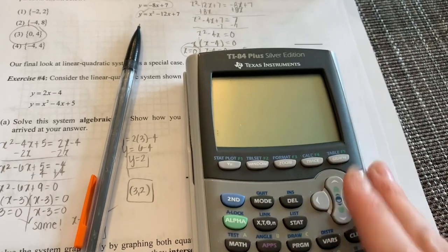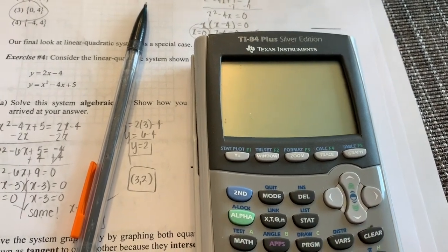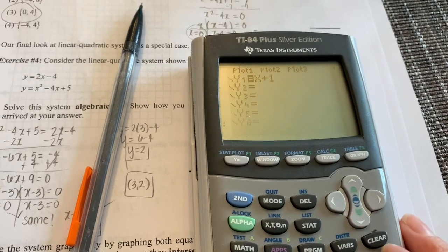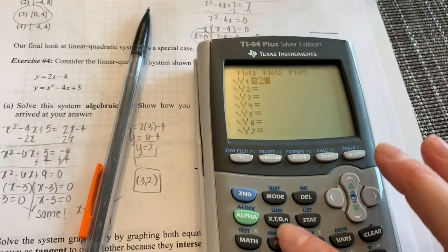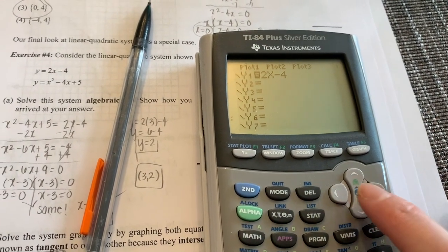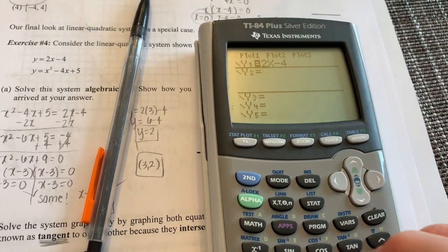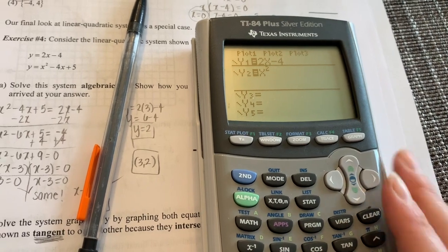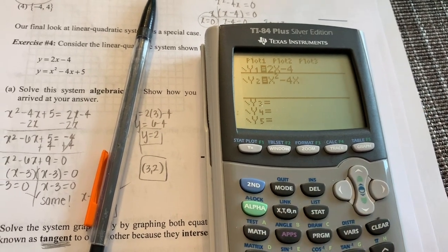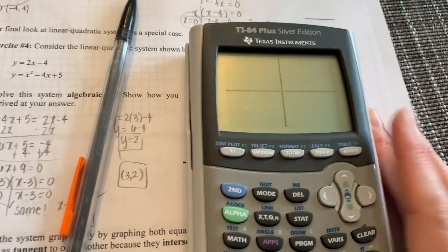So I'm going to do this in the calculator to show you. Oops, it's not on. That would be good if it was on, right? So let's clear this. We have 2x minus 4, and then we have x squared minus 4x plus 5. Okay, let's take a peek at the graph.